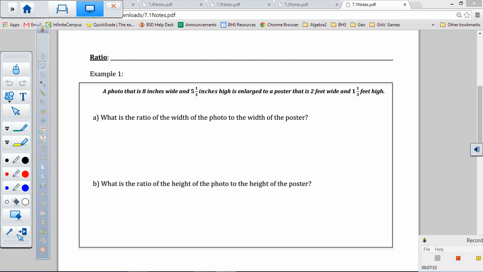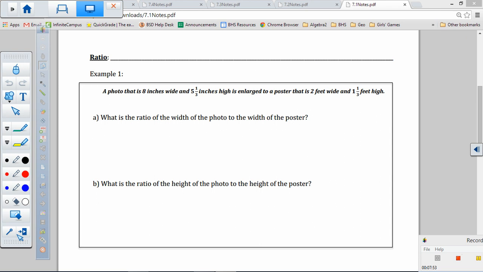It's 8 inches wide and 5 1/3 inches high, and I'm enlarging it to a poster that is going to be 2 feet wide and 1 1/3 feet high. Okay, so there's my picture.